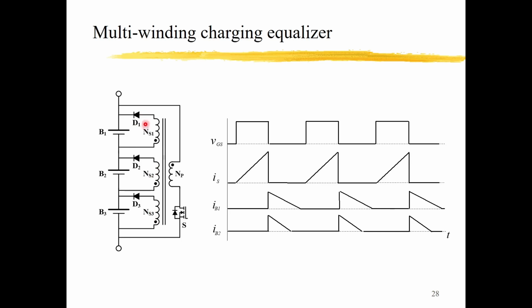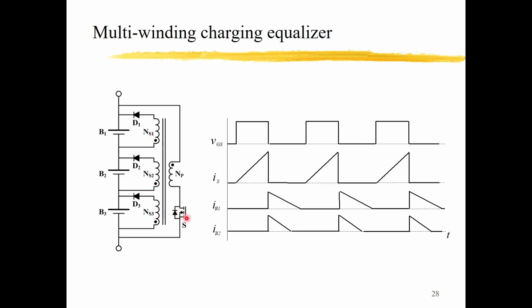Okay, and we can expect that when we operate the transformer, all the secondary windings have the same voltage, because the turns numbers are the same. So the voltage here will be the same.